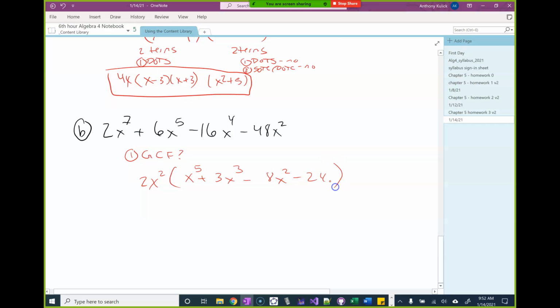Okay. Again, we ignore the greatest common factor for now, and we're just going to focus on this piece. Looking at the number of terms, how many terms do I have there? 4, right?